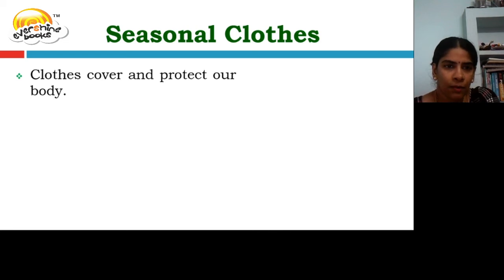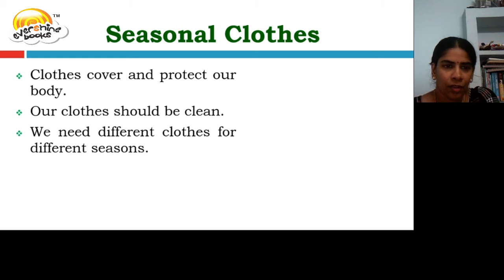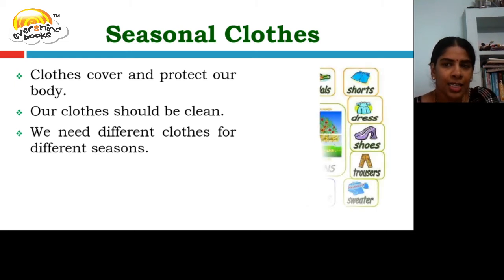Seasonal clothes. Clothes help to cover and protect our body. Our clothes should be clean. We need different clothes for different seasons.